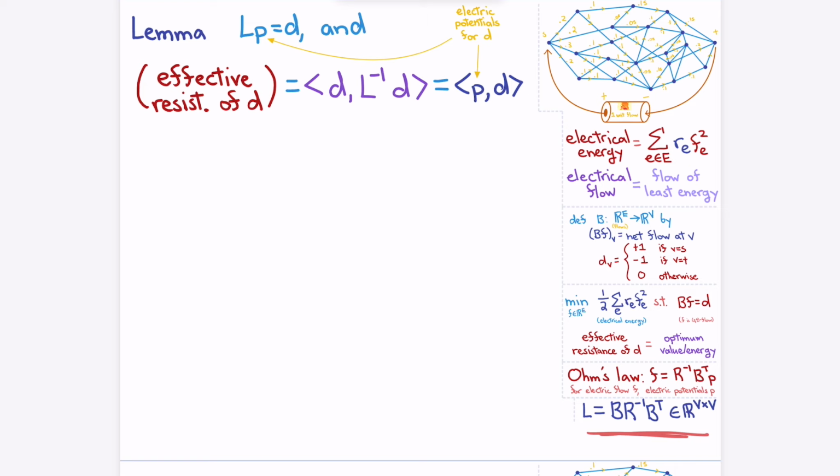So when we showed that R F_e is equal to P_V minus P_U, that should map to saying that RF is equal to B transpose P. Okay, so now when I look at something like LP and I just start plugging in B R inverse B transpose P. Okay, and now how do I start plugging in F?